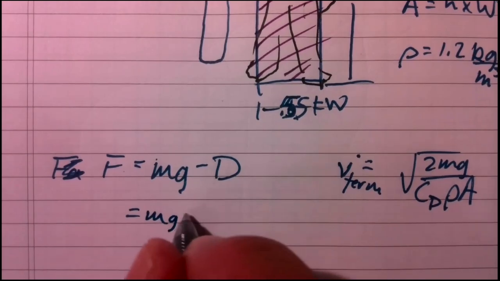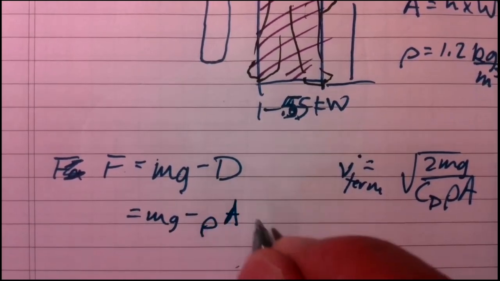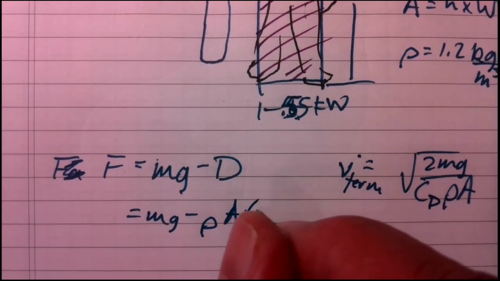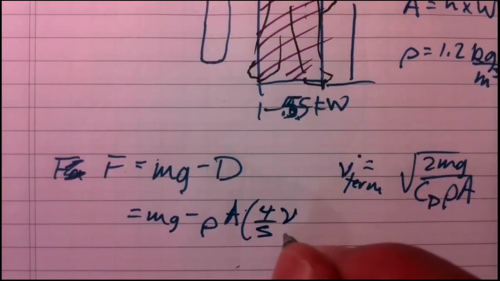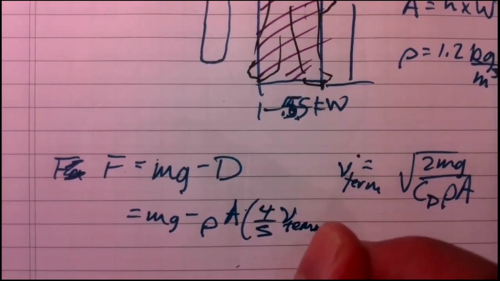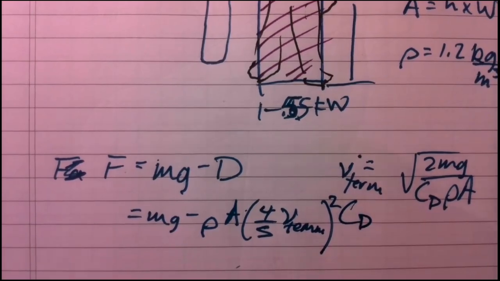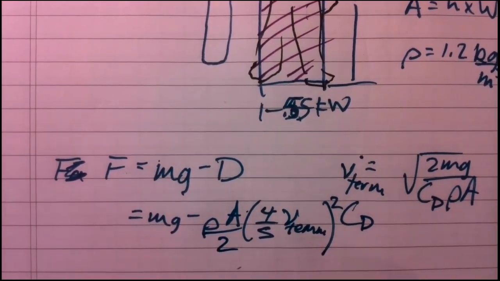So this will be m times g minus rho times a. Then we're going to have here 4/5 the terminal velocity squared times CD divided by 2.